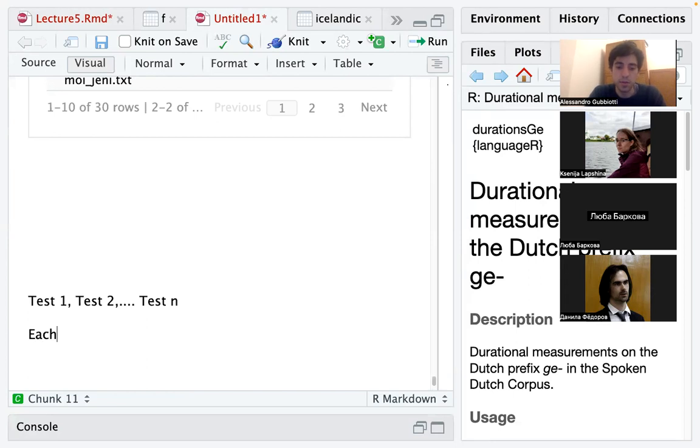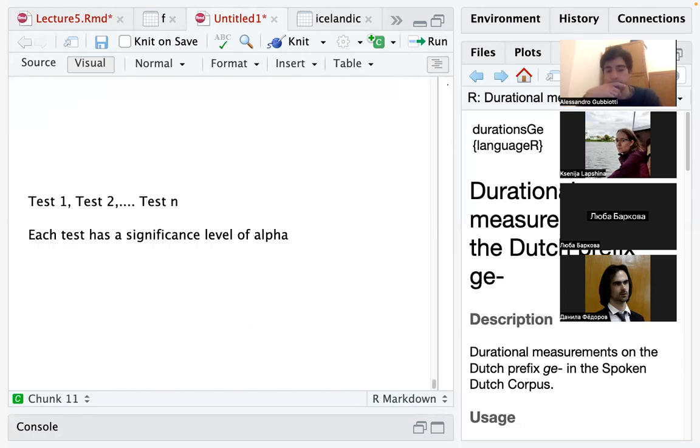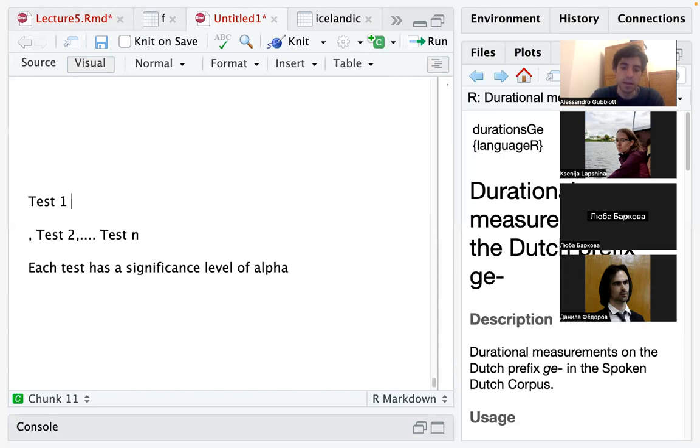So each test has its own hypothesis, like H0, the null hypothesis. So this is the null hypothesis for the first test. Then the second test has another null hypothesis.